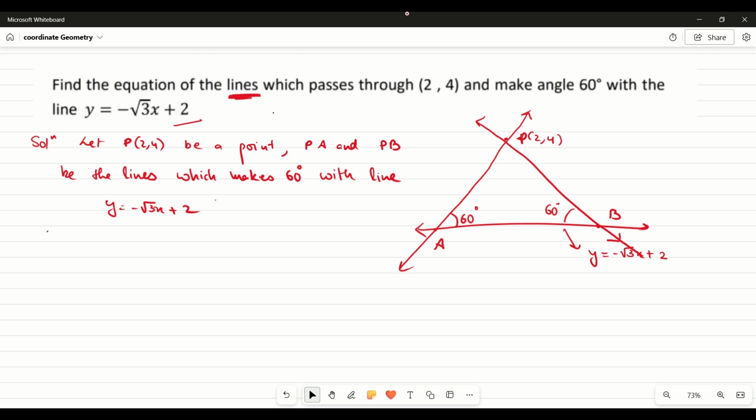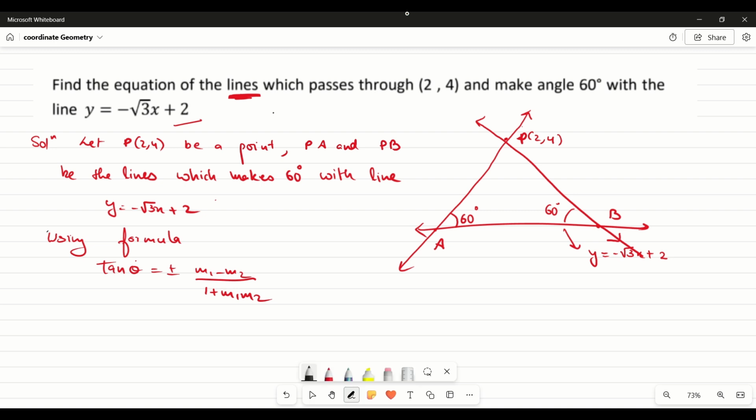Now, what do you think which formula we have to use here? Because the only relation between the two lines here is the angle, which is 60 degrees. And if you remember, we know the formula to find the angle between two lines, which is tan theta equals plus minus (m1 minus m2) divided by (1 plus m1 m2).